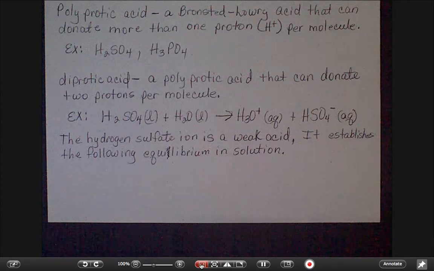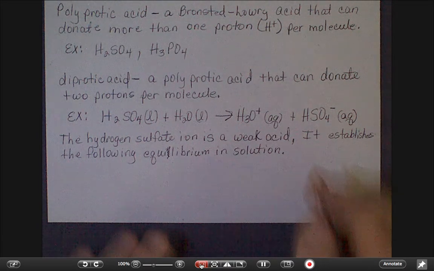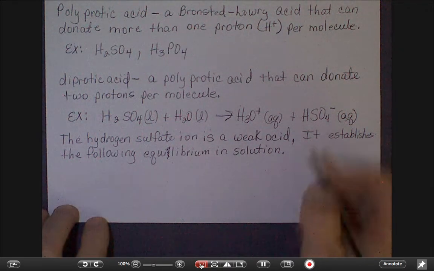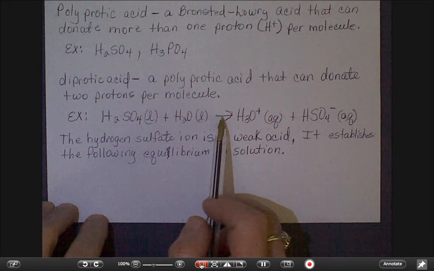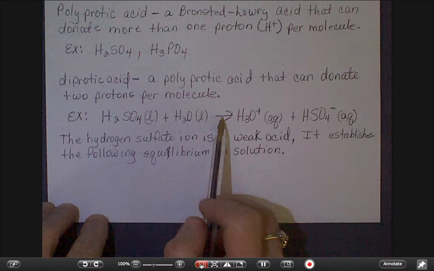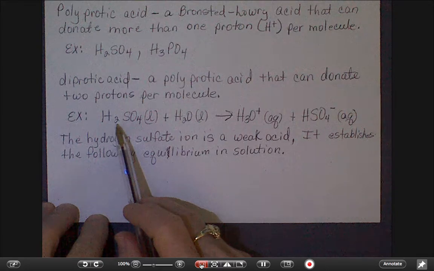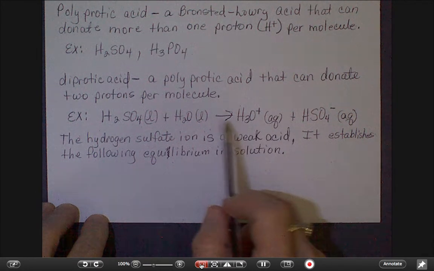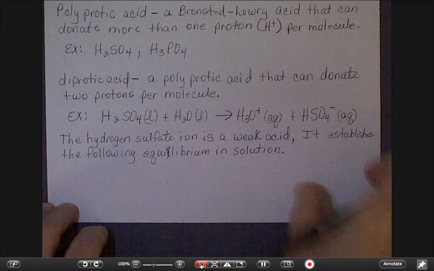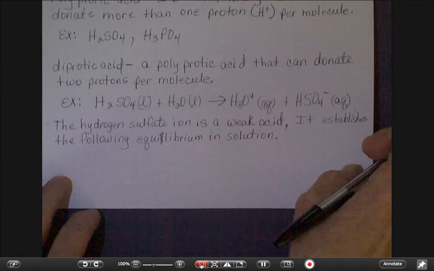Do you see only the single arrow? The first ionization will not go back and recombine.